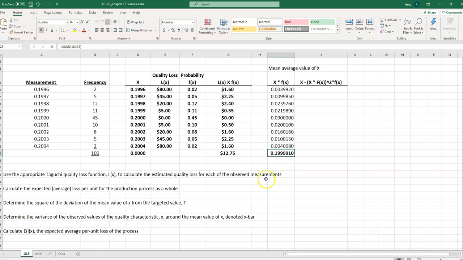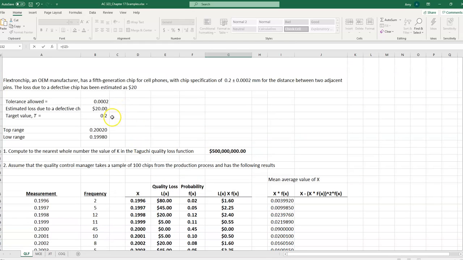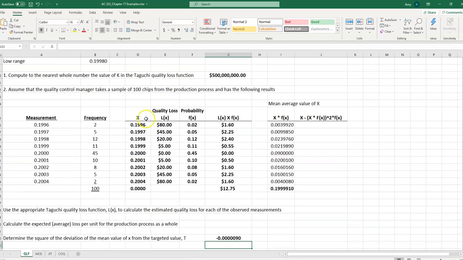To get the square of deviation from the targeted value, we are going to take the mean that we just calculated minus the targeted value of 0.2, and then we're going to take that out a few more decimal places.